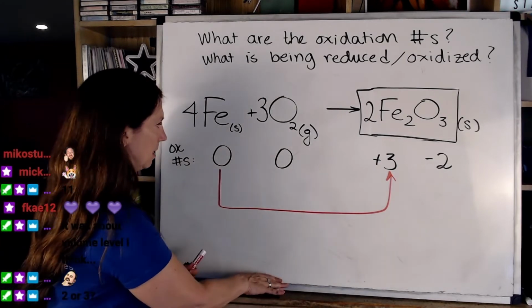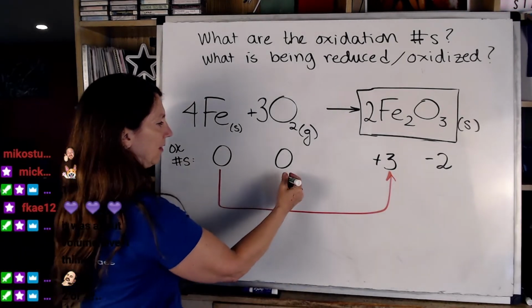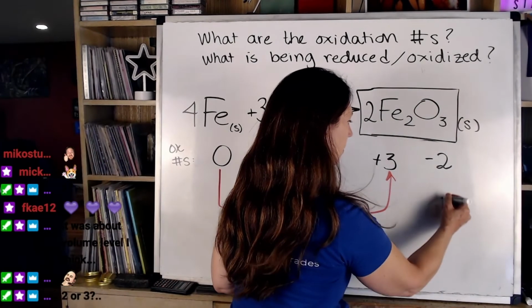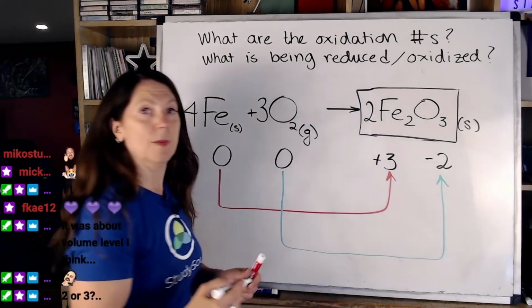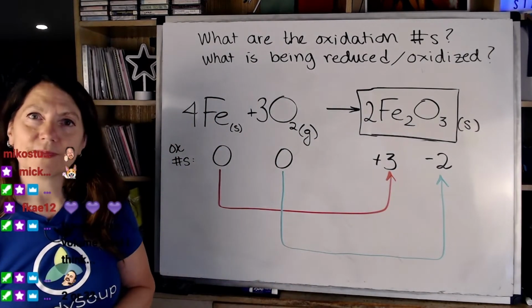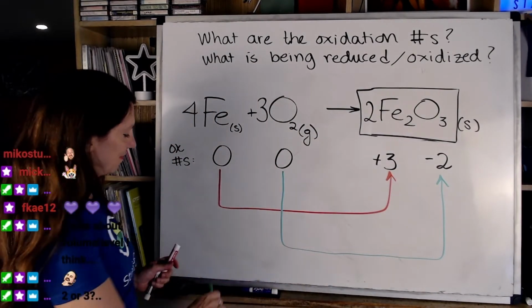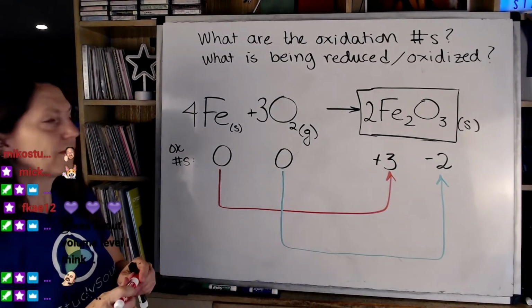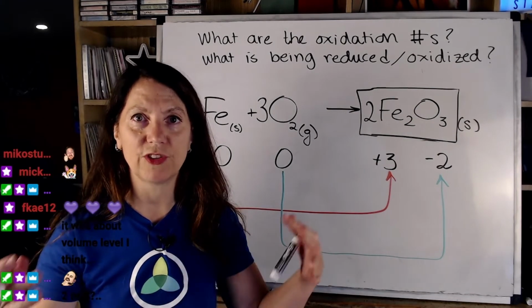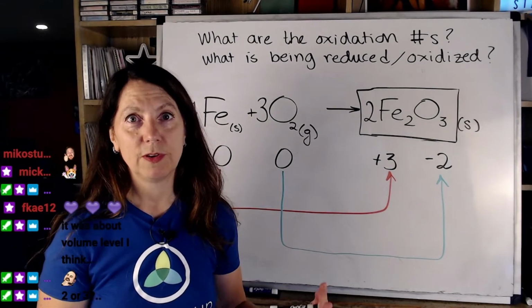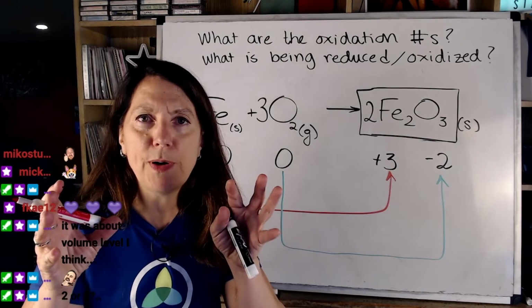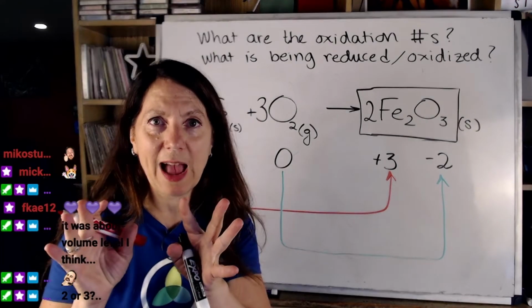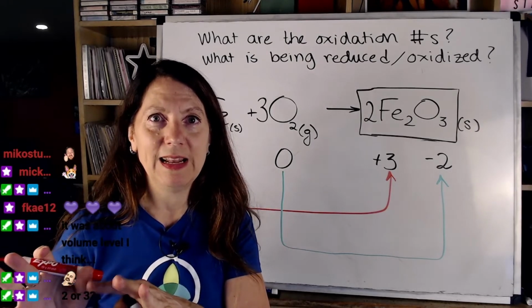And then let's look at oxygen that's going 0 to -2. All right, let's look at this. Let's think about what's being oxidized, what's being reduced. And we can parse this out, separate it out, by just looking at what's happening in a theoretical sense.